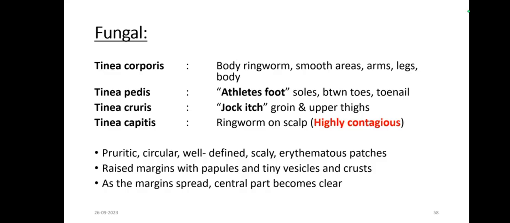The common features: it is highly itching or pruritic, with circular, well-defined patches which are erythematous and scaly. The central area will be clear, but the margins will be active.